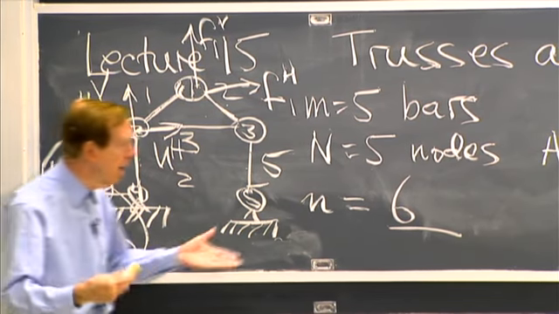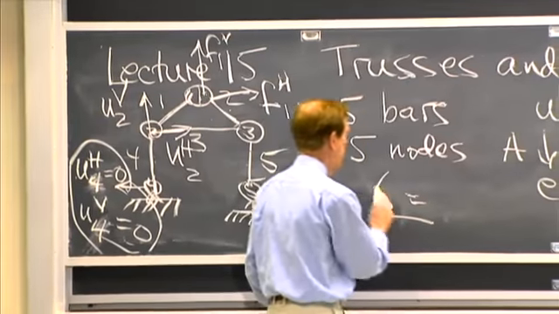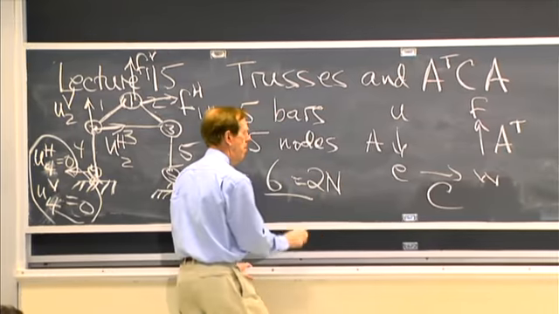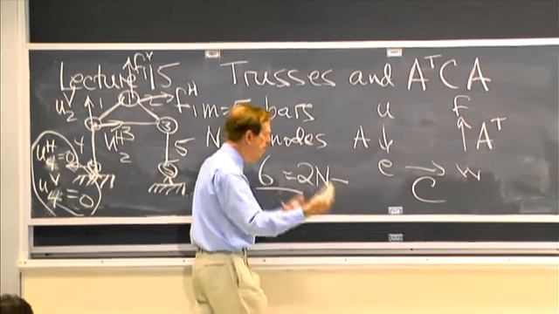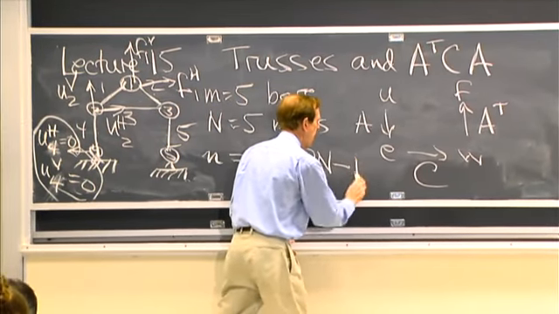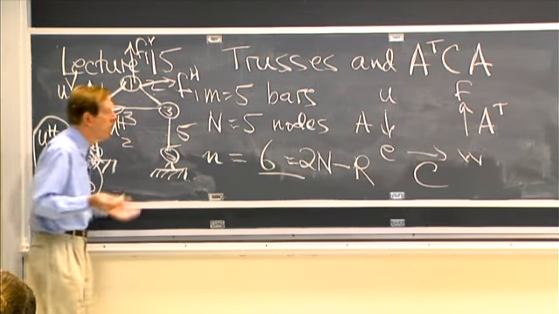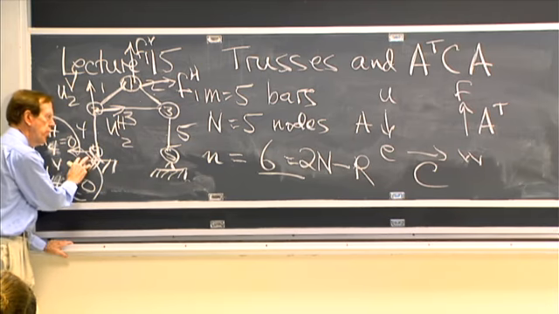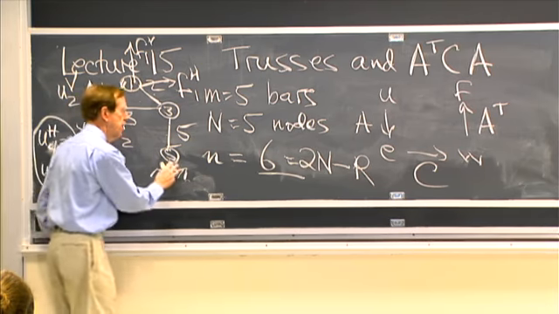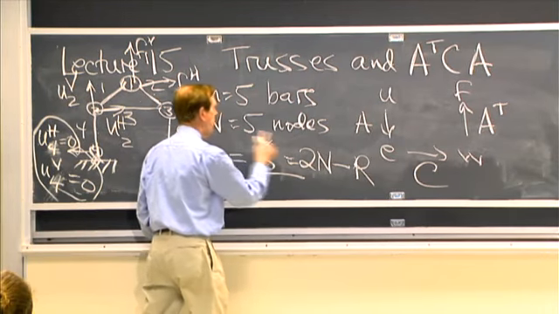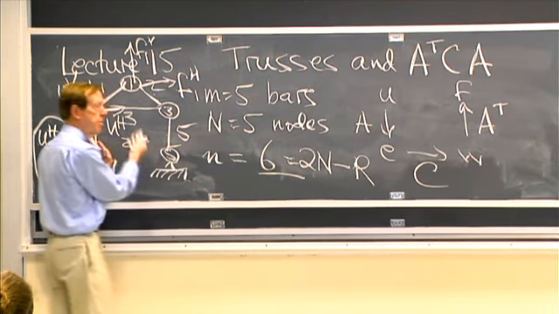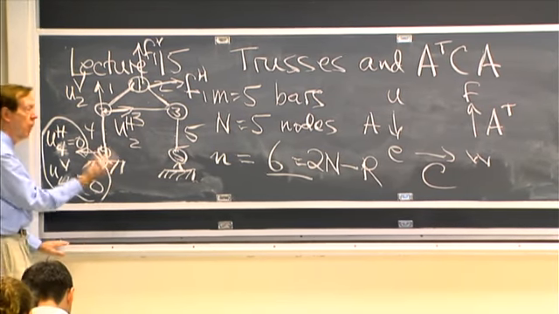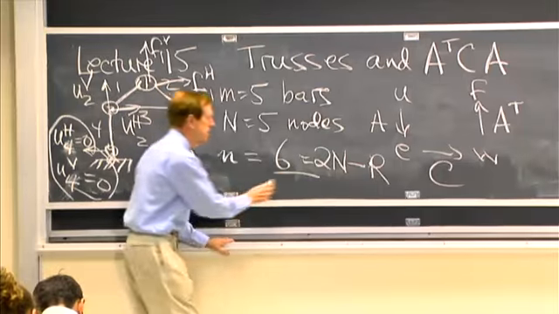My idea would be that it's twice the number of nodes minus the number of fixed displacements, R. That R would be 4 in this case: 2 fixed here and 2 fixed here. So this would be 2 times 5, 10 possible displacements, but R counts the number of fixed displacements, 4, and leaves us with 6. Okay.